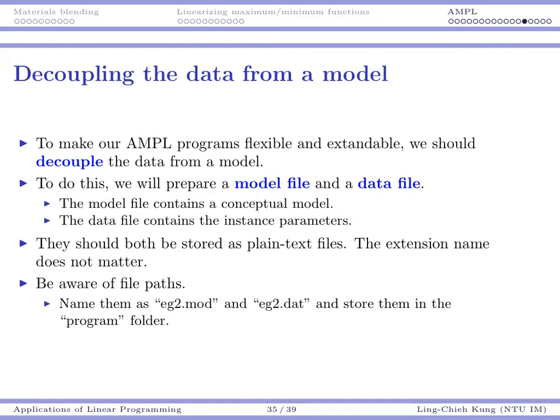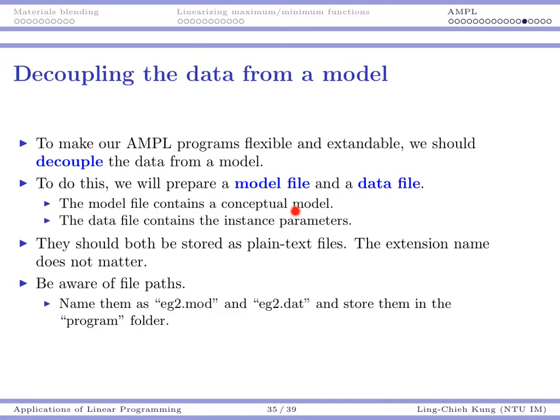That's easy. If we want to solve these kinds of larger and larger problems, we want to make our AMPL programs flexible and extendable. That means we should start to decouple the data from the model. So that's why we want a model file and a data file, so that it will be easier for us to do the decoupling and to expand our model to more general situations.